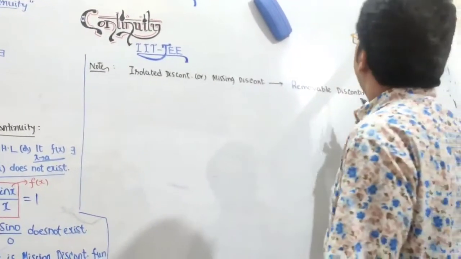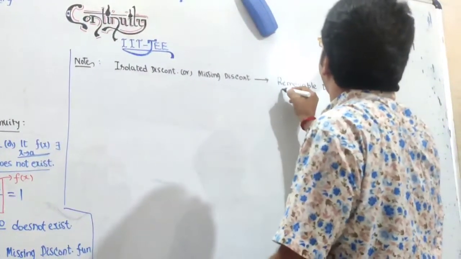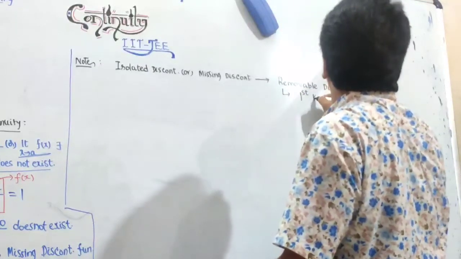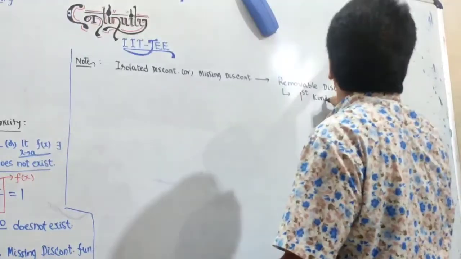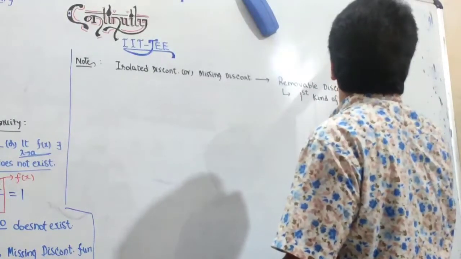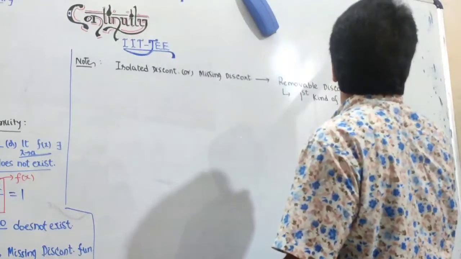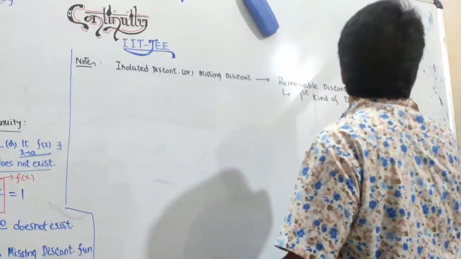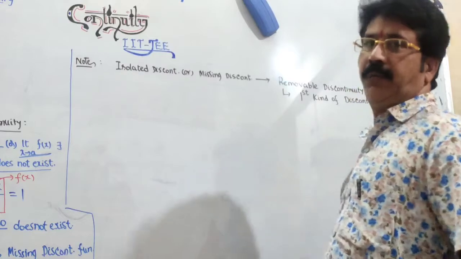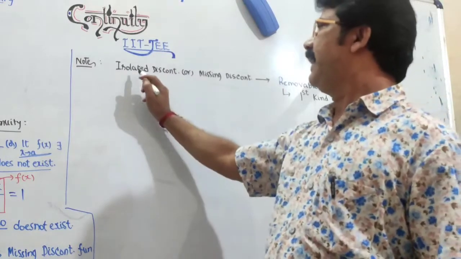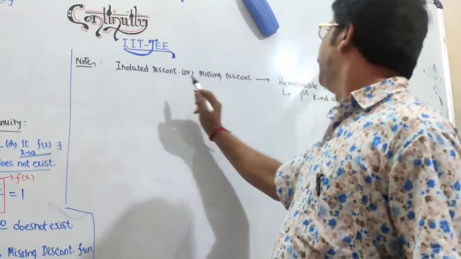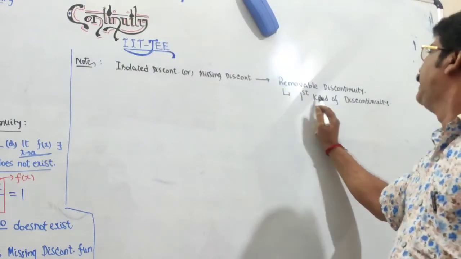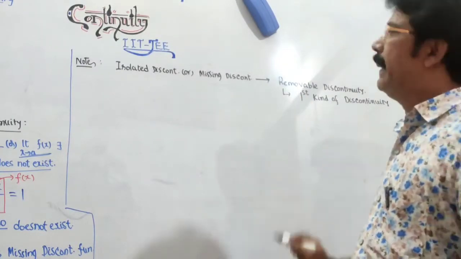You come here. This removable discontinuity is called first kind of discontinuity. So therefore, if f of x has isolated discontinuity, then we can say it is removable discontinuity, or first kind of discontinuity.